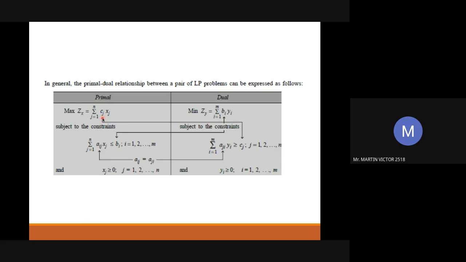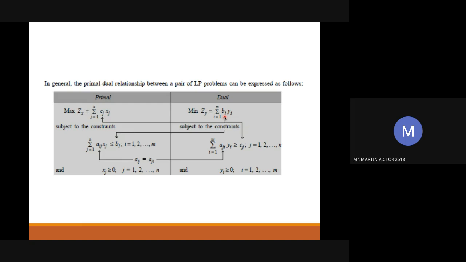The objective function has gone to the constraints part of the dual problem, and again the resources of the constraints have been taken to the objective function in the dual.